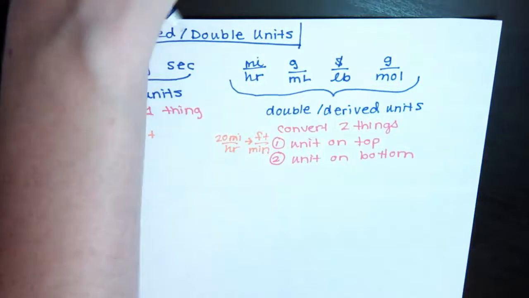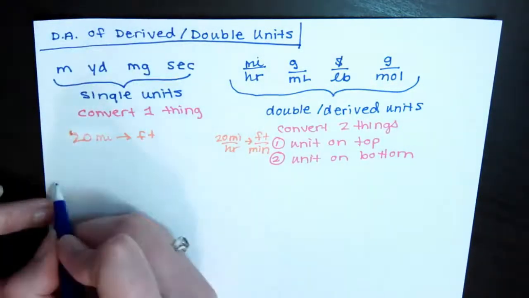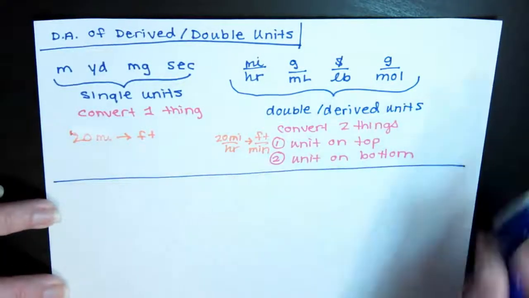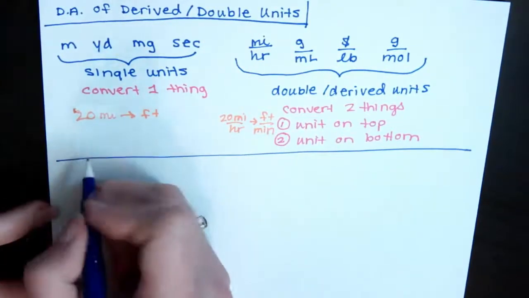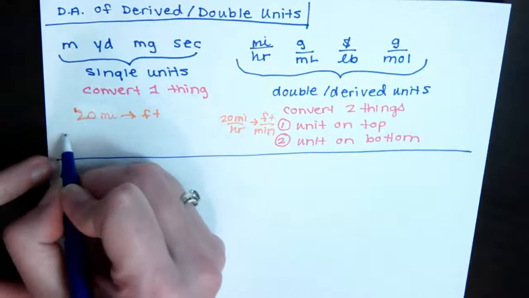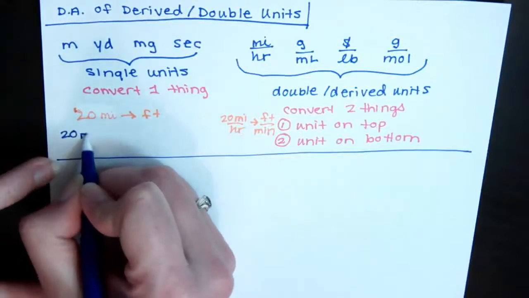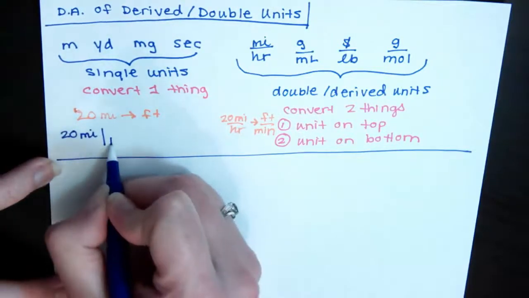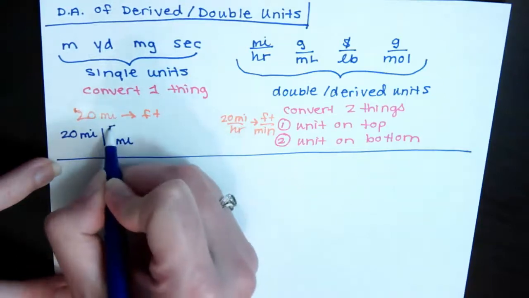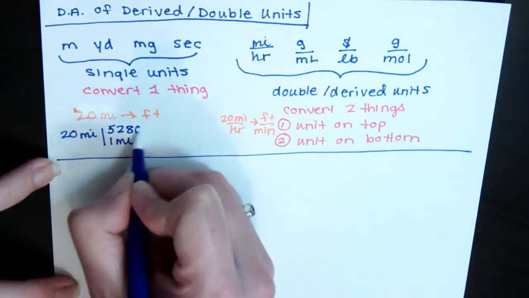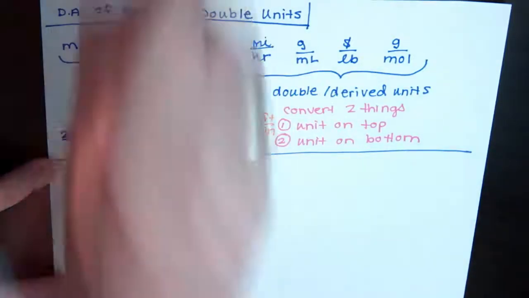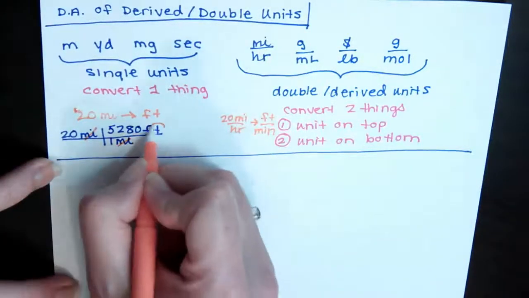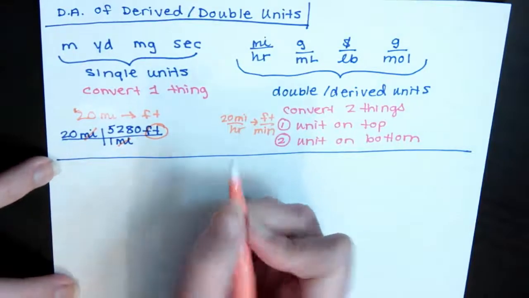So let's actually do those 2 examples. For this one, you would go 20 miles. 1 mile is 5,280 feet. Your miles would cancel and you'd be left with your feet.